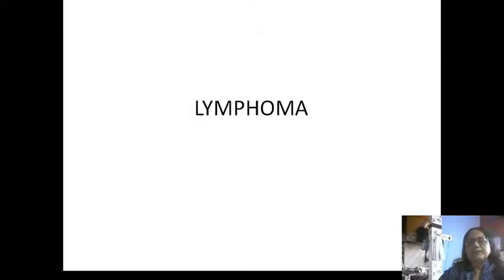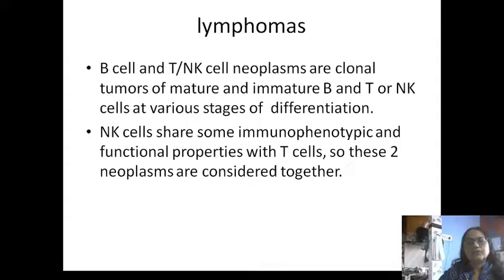Now we are beginning with the discussion on lymphomas. Now lymphomas, either B cell type or T cell type, B cell and T cell or NK cell type neoplasms, which are clonal tumors of mature and immature B and T or NK cells at various stages of maturation.